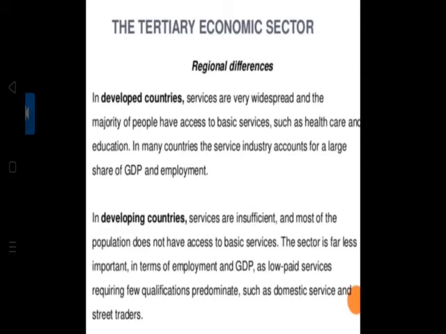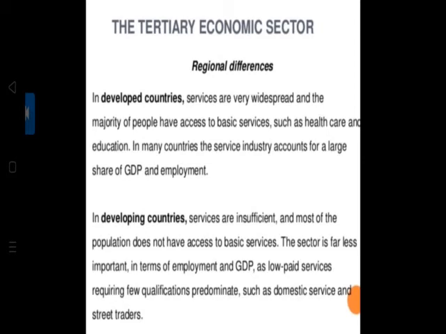In developing countries, services are insufficient. Mind you, students, understand developed countries' situation and developing countries. The services are insufficient, and most of the population does not have access to the basic services. We are seeing in our country itself, there are certain hotspots wherein even basic services are not there.